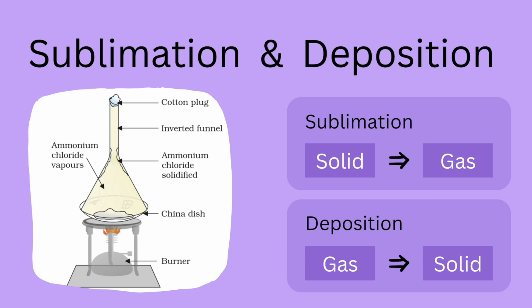And gas directly getting converted into solid is called deposition. Ammonium chloride is one example where on heating this solid it directly becomes fumes, and this gas on cooling directly becomes solid. There is no liquid in between. So this is sublimation, solid directly to gas, and deposition, gas directly to solid.